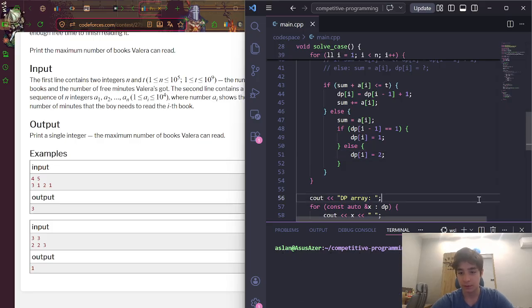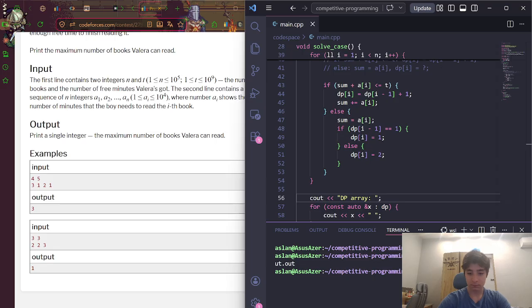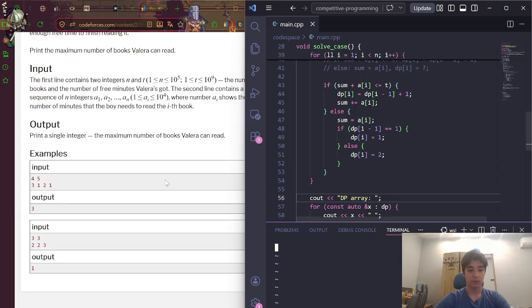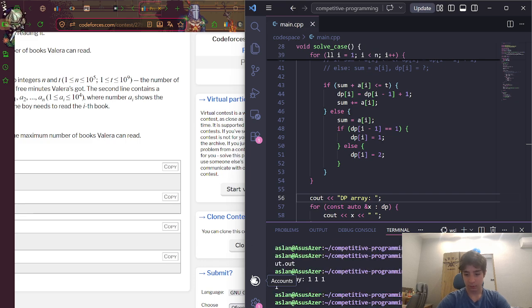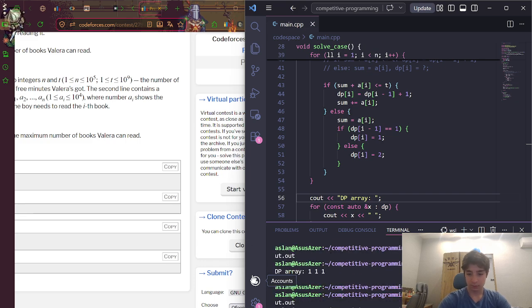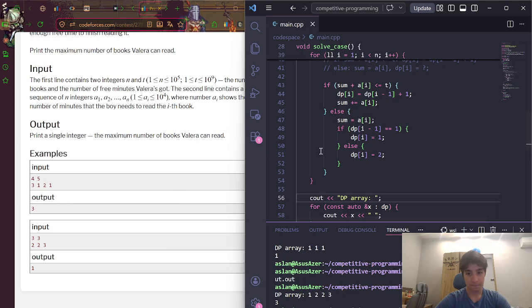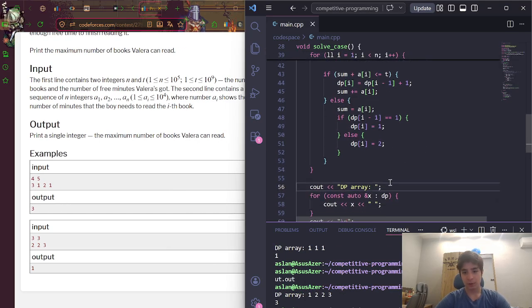Let's compile our file, Control S, done. Let's go, how it's going to work.